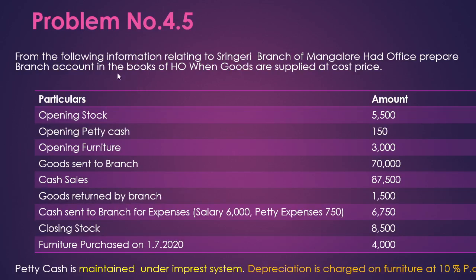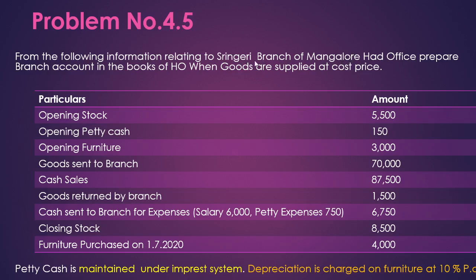So again, here's the problem under debtors system. From the following information relating to Sringeri branch of Mangalore head office, prepare branch account in the books of head office when goods are supplied at cost price. So here you should make sure that the branch is situated at Sringeri and the head office is at Mangalore.